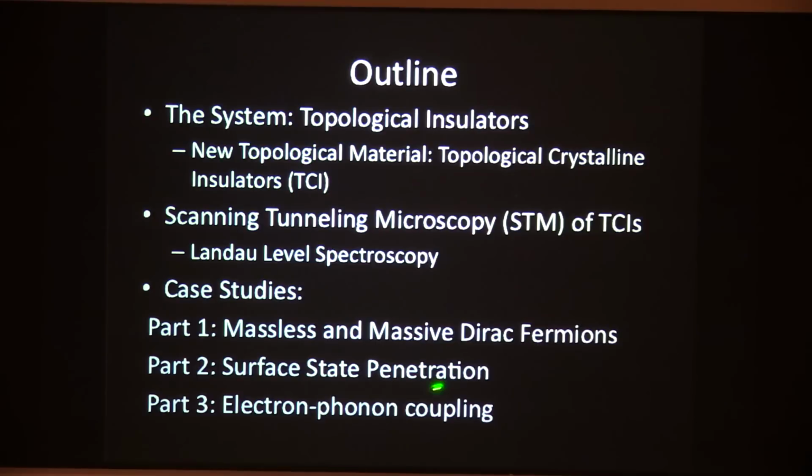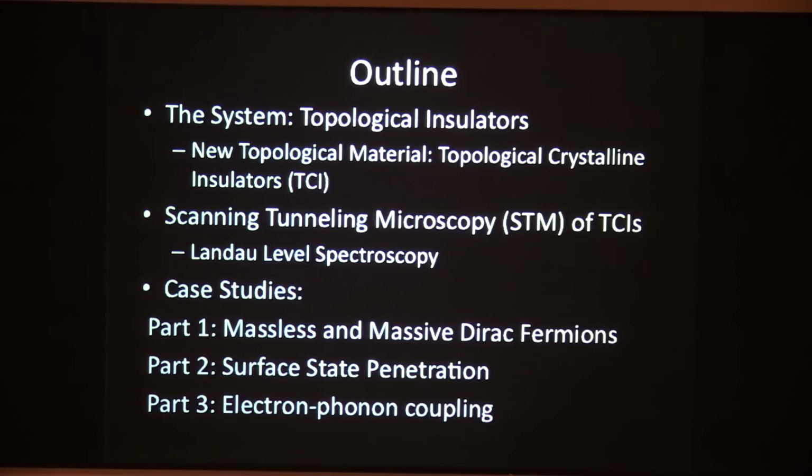The second thing is I'll show you how we can actually make measurements of the penetration depth of these surface state electrons. So, as you know, the surface state electrons don't live exactly on the surface. They actually penetrate a little bit. They die exponentially into the bulk. Okay? The length scale over which they die into the bulk is determined by the bulk energy gap.